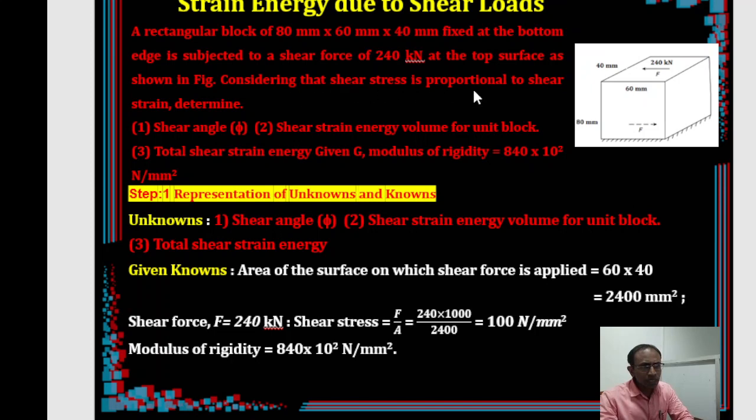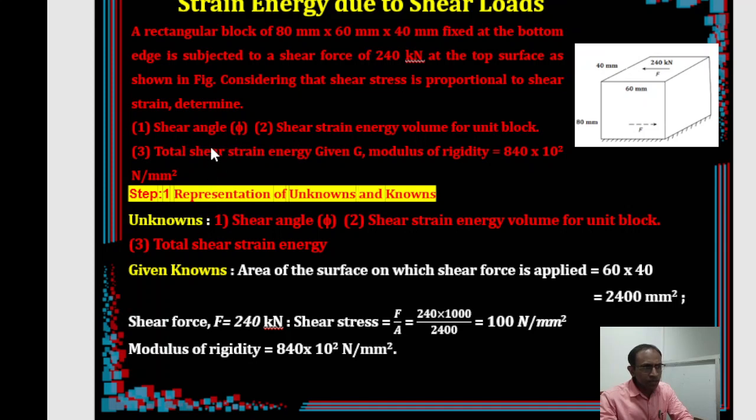Considering the shear stress proportional to the shear strain, we are asked to calculate the shear angle, the shear strain energy per unit volume, and the total strain energy. The modulus of rigidity is also given for calculating these quantities.